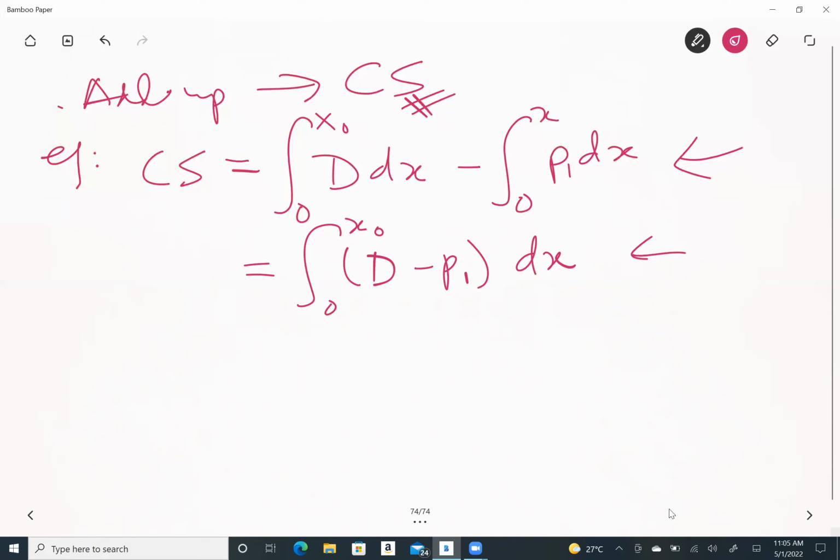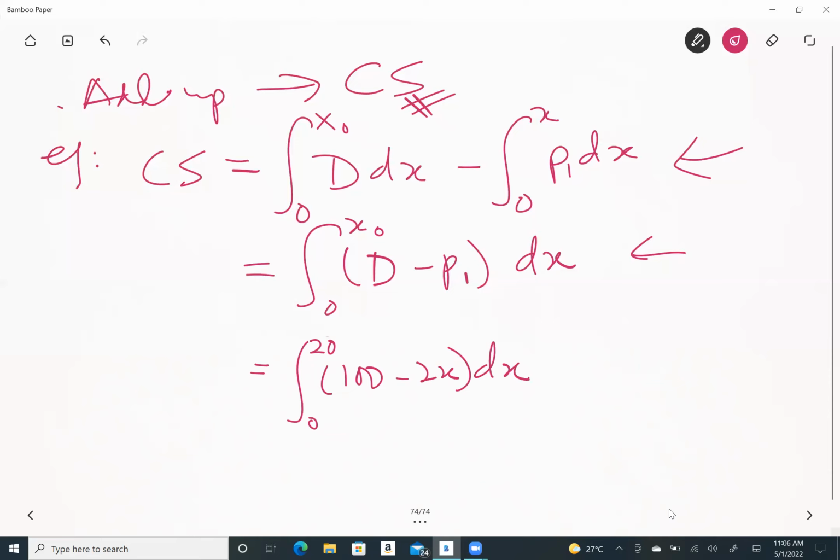So now for our example, you get the substitution. What is the function? The demand function is from 0 to x0. What is the value of x0? 20. The demand function is 100 minus 2x dx.